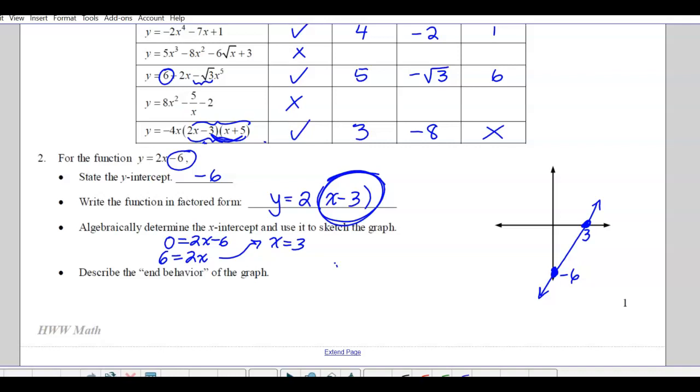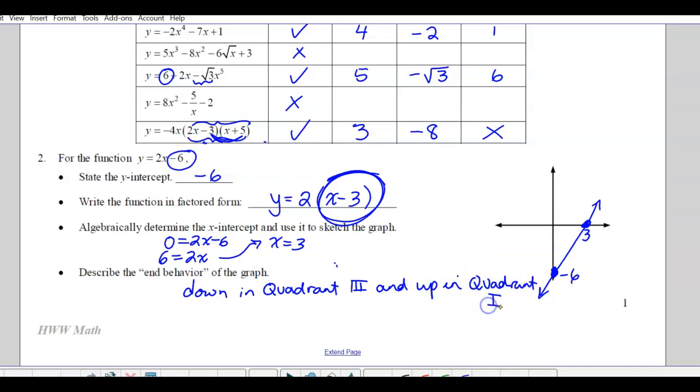So when we describe the end behavior, we say down in quadrant 3 and up in quadrant 1.